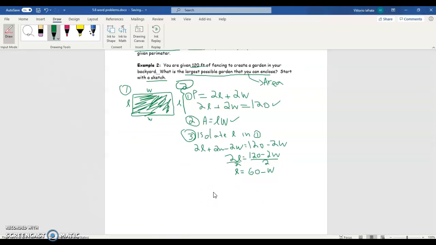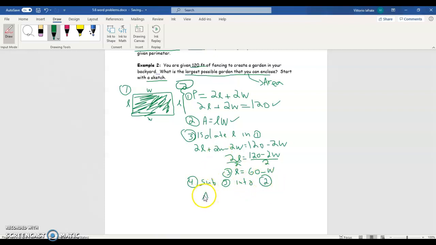Now you'll notice something interesting. Let's call this equation 3. Step 4 is to substitute equation 3 into equation 2.